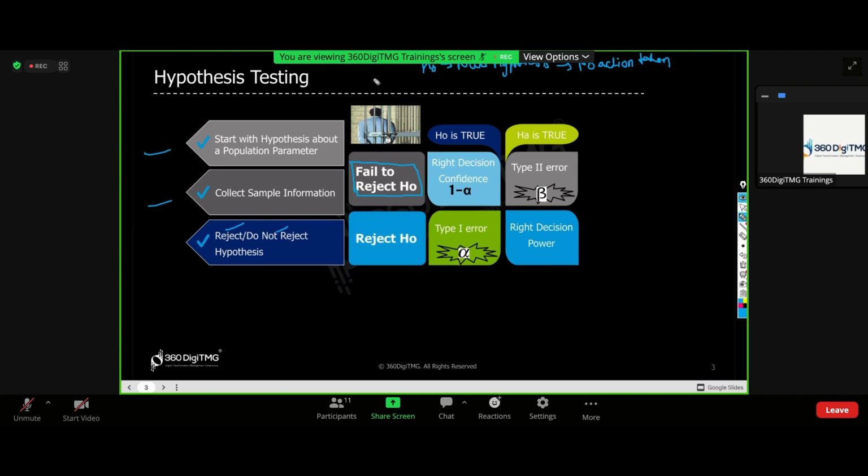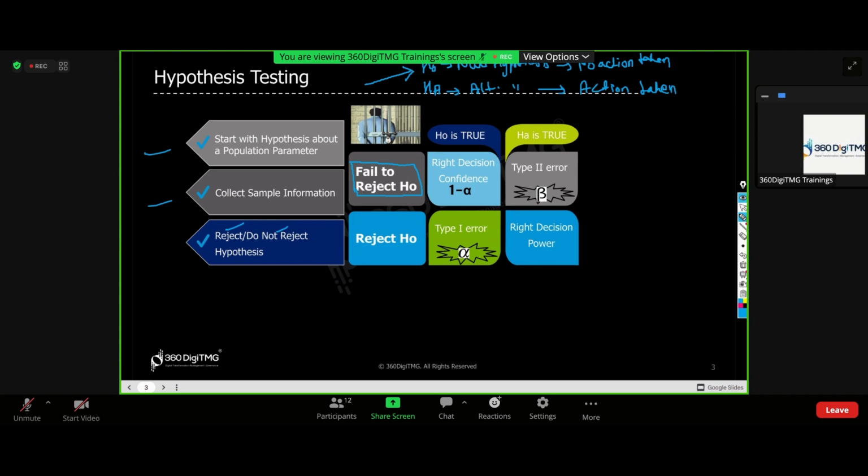Now if you are rejecting this null hypothesis, then what are you accepting? It means you are accepting the alternate hypothesis. And if you are accepting the alternate hypothesis, it means you are going to take an action. So I will say action taken.